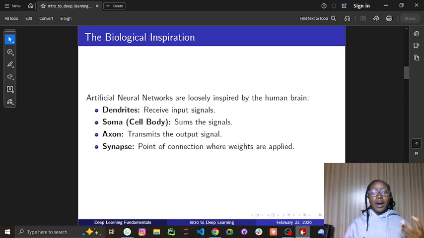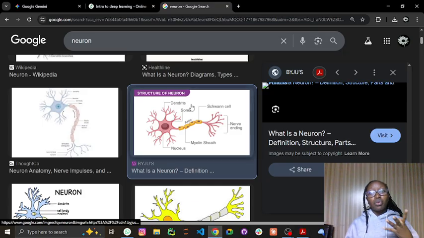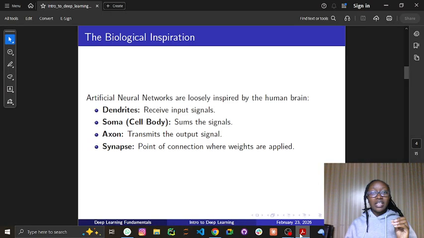In neural networks, we have dendrites which receive input signals. Then we have the soma, which is the cell body, and it just sums up the signals. Then we have the axon, which transmits the output signal, and the synapse, which is a point of connection where weights are applied.